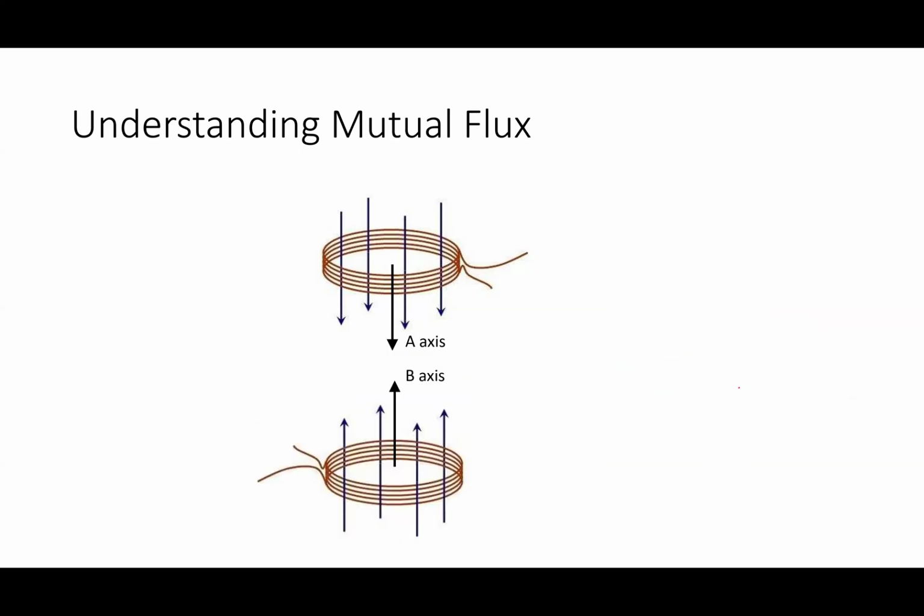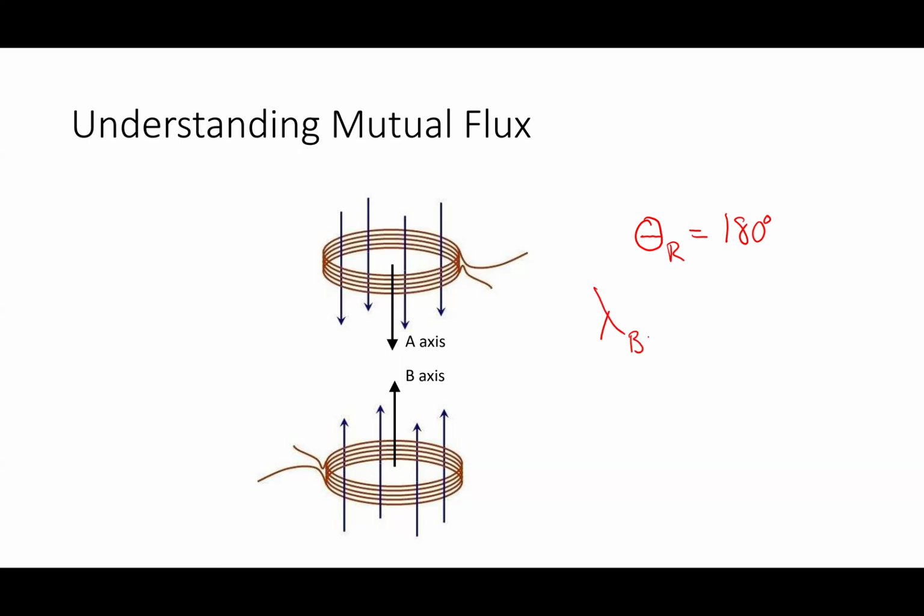Now, in this particular case, the angle between those two axes is 180, right? And if I look at it, the total net flux passing through B from A is the same, except it's oriented 180 degrees away from each other.